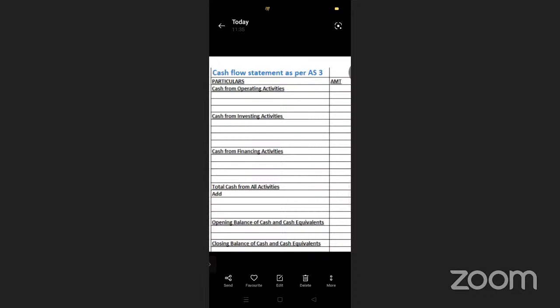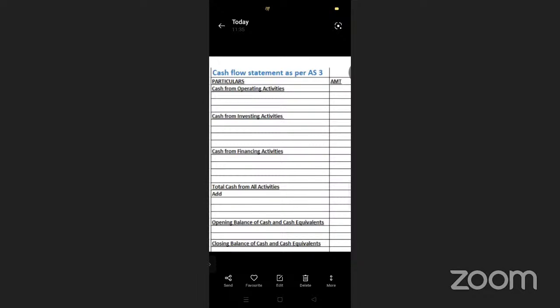If you look at the format I'm sharing, after the three activities, we have the opening balance of cash and cash equivalents. First try to understand the format. I'm only discussing the main heads. The first is the opening balance of cash and cash equivalents. Next is the closing balance of cash and cash equivalents.